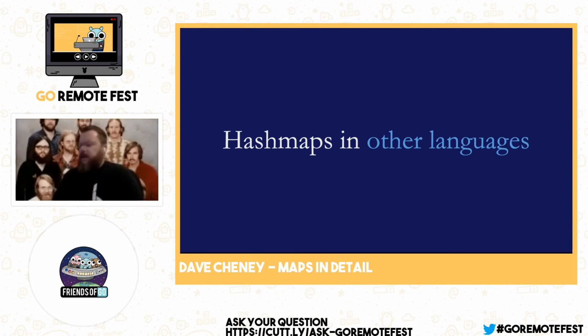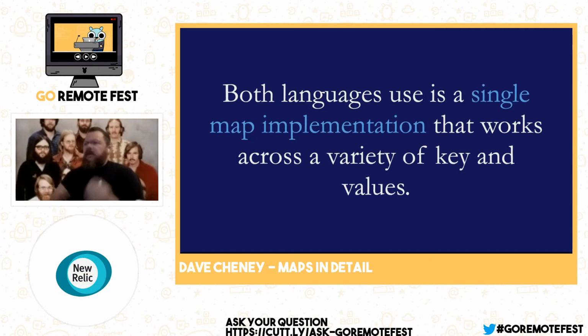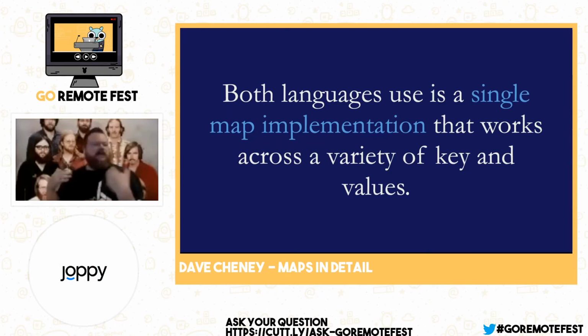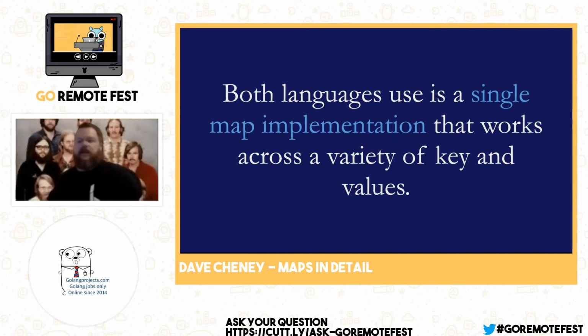So they're probably fairly representative contemporaries. Now, the other thing is that both of these languages use a single map implementation that works across a variety of keys and values. This is because Go's implementation is a single implementation that works for almost all keys and values. So to keep it fair, this is what we're going to do.